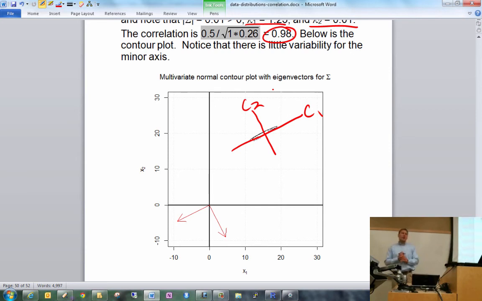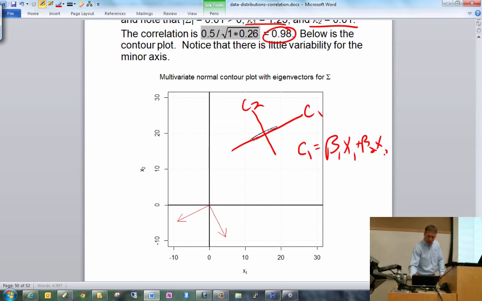So perhaps what I could do, if you think in terms of your data, is find some kind of linear combination of your original variables. Let's say C1 is equal to, what letter do I want to use, we'll just say beta 1 times x1 plus beta 2 times x2. Suppose you find some kind of transformation like this, and we'll do another transformation for C2.